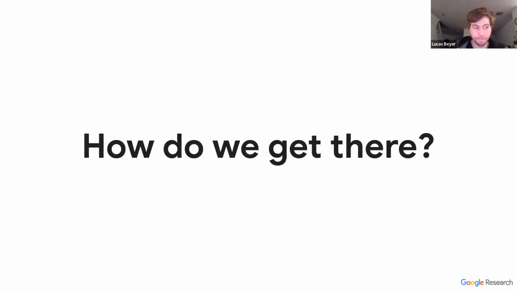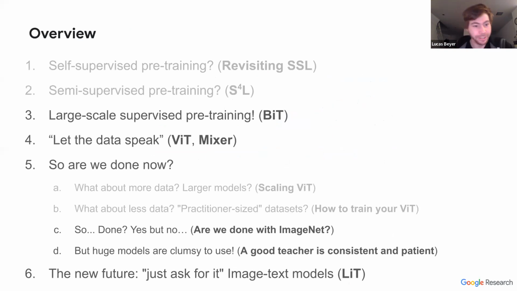Now, how do we actually walk towards the goal? We tried many things over the years, and a few of them I'm going to tell you more about, and a few I'm just going to briefly mention and skip the details. The first one, a while ago, is self-supervised learning, where the promise is that you have infinite unlabeled images on the internet and everywhere else.